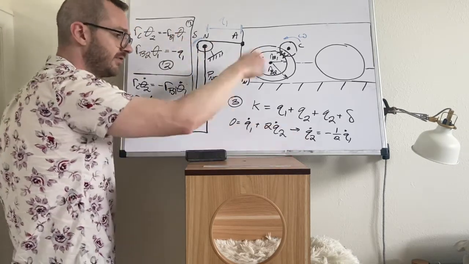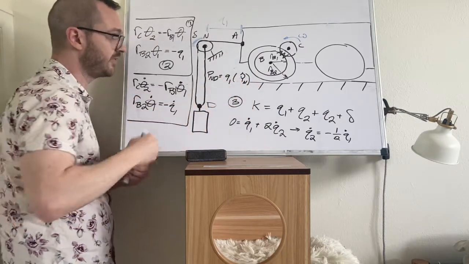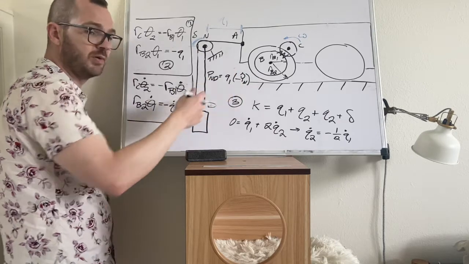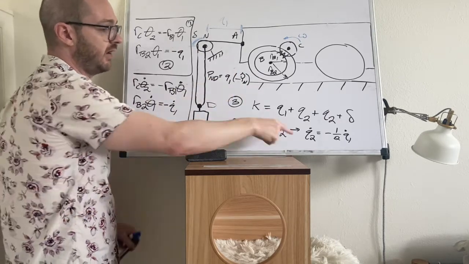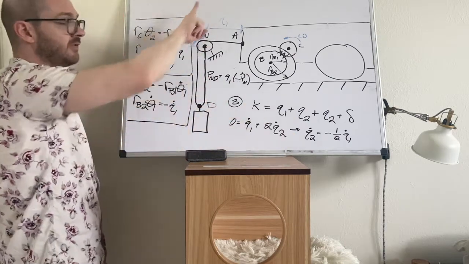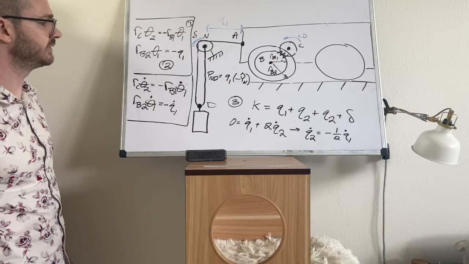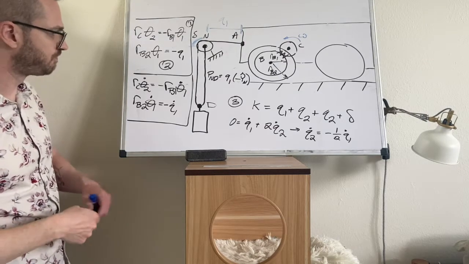If Q2 dot is negative, that means it's going down. Because of how we defined the position vector, that is not true. Because we put a negative on it, a positive Q2 dot means it's going down, and a negative Q2 dot means it's going up. So you, as the engineer, you have to keep track of all those definitions. You just do, there's no good way around it.